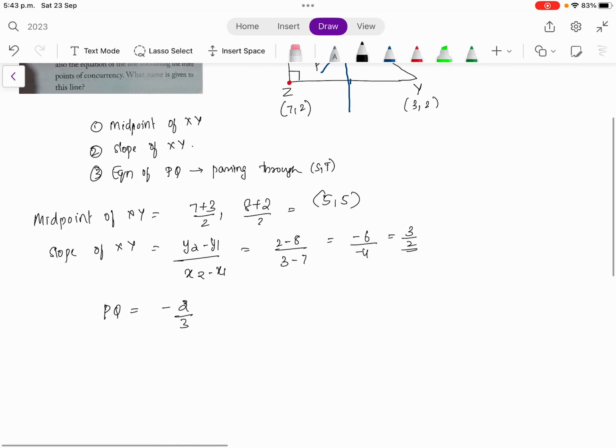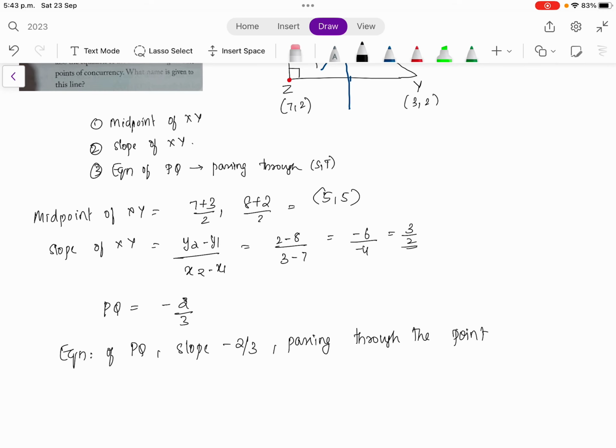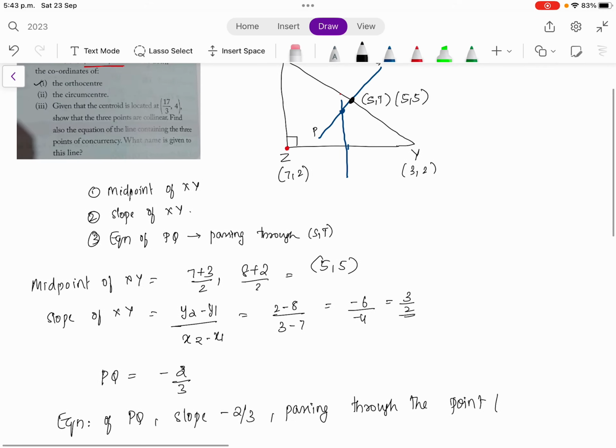Now as the third step, we find the equation of PQ, with slope minus 2 over 3 passing through the midpoint (5, 5).